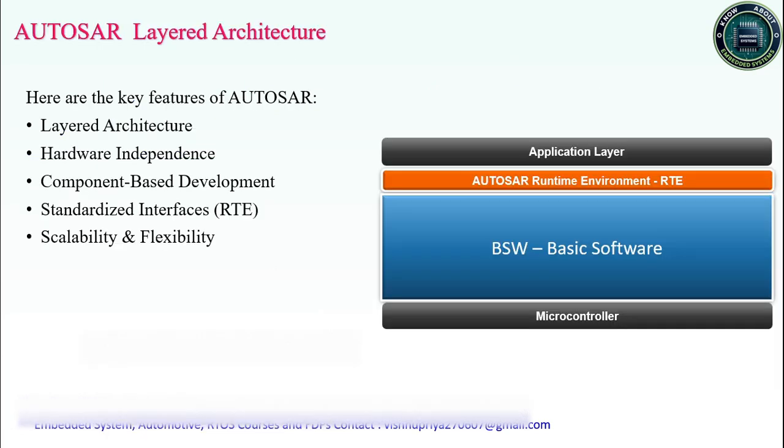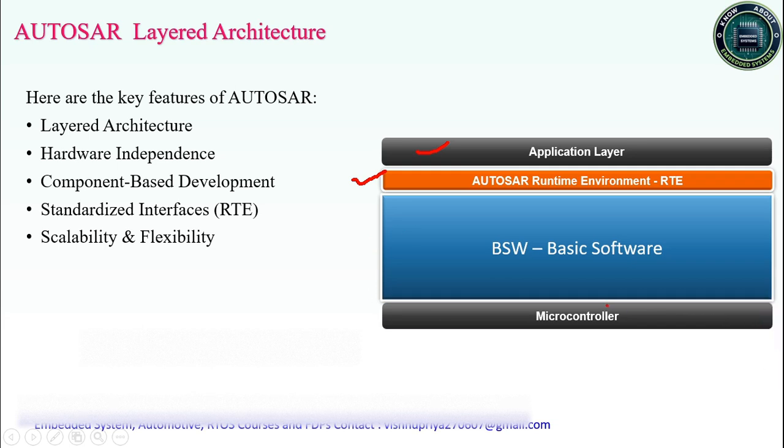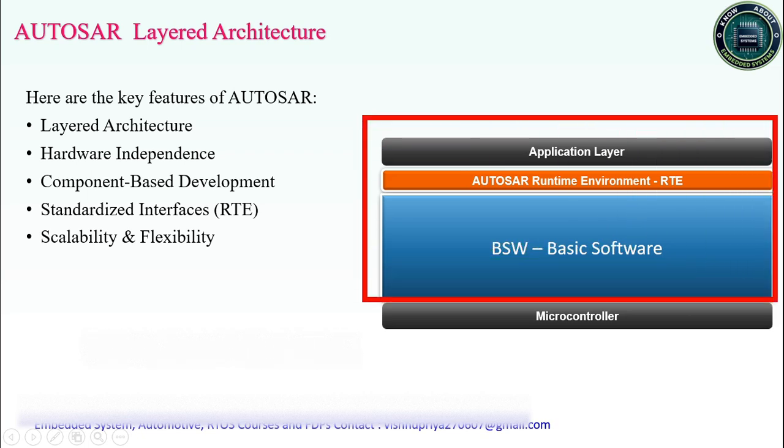So currently, whatever you're seeing, AUTOSAR uses a layered architecture. We'll have three major layers: one is the application layer, one is the runtime environment, and one is the BSW. Like this, we'll have three major software layers and, as usual, one hardware layer. That means whenever you're developing the program, this complete software layer you can develop without any dependencies.